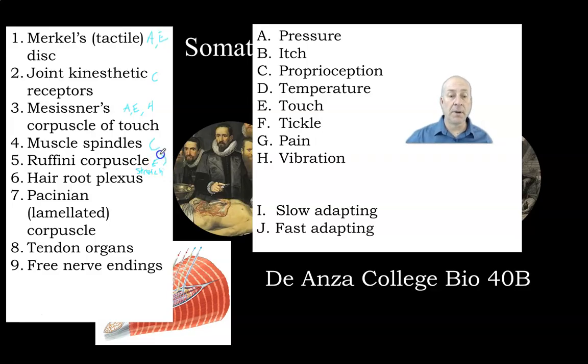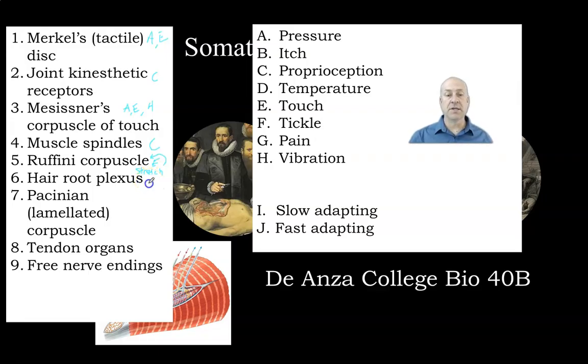But Ruffini corpuscles can also pick up heavier, crude touch, because they're fairly deep. They can also pick up stretch in the skin. So if your skin, for whatever reason, is being stretched, like I'm trying to stretch my skin between my thumb and my finger there, you pick that up with Ruffini corpuscles, or whatever that's worth.